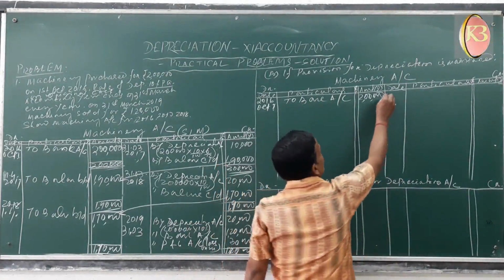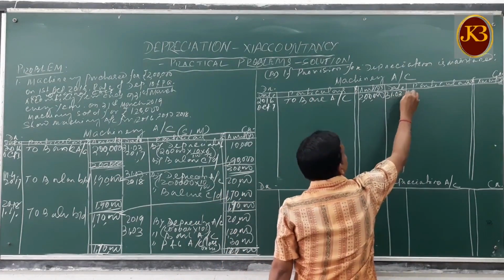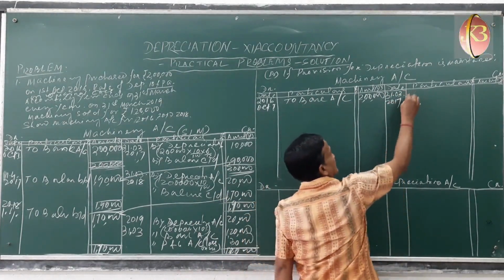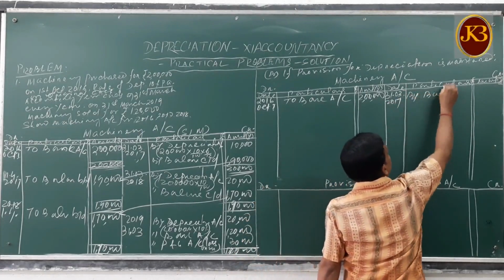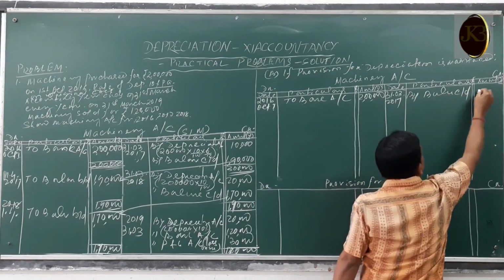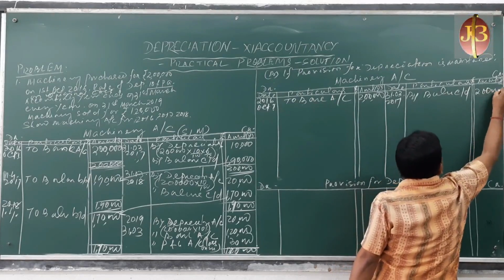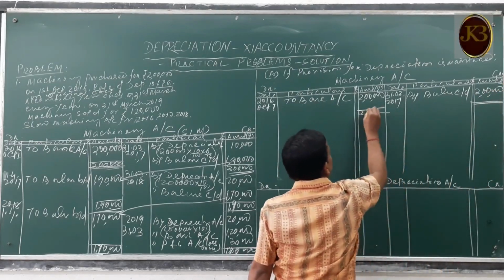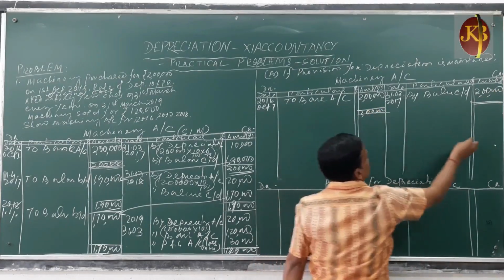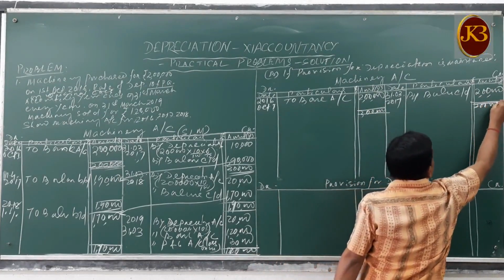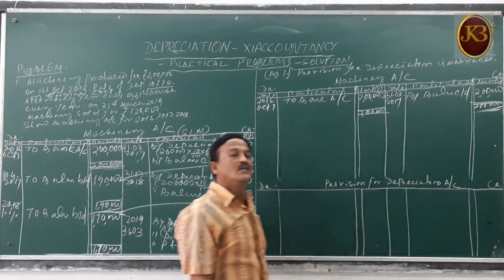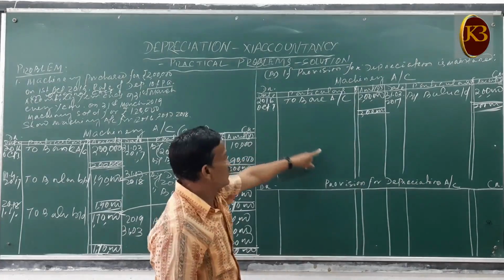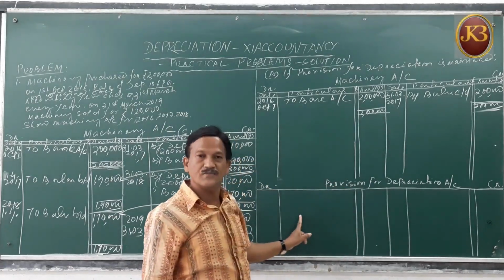On 31st March 2017 we show by balance carried down, 2 lakh, because no further depreciation will be charged here. Depreciation will be charged in the provision for depreciation account.